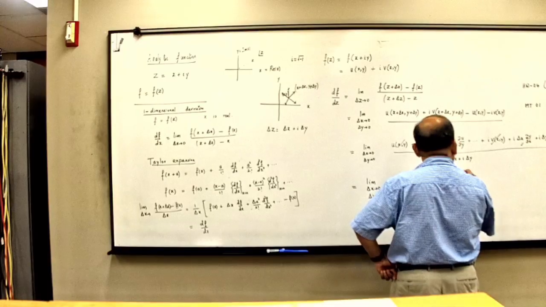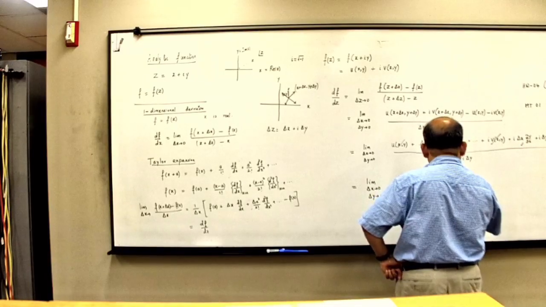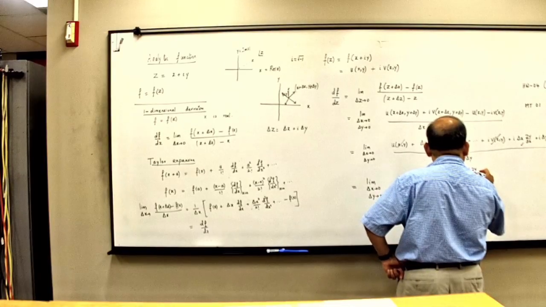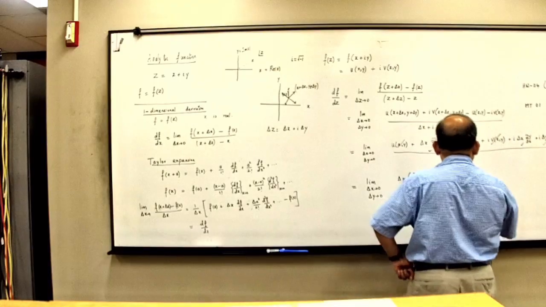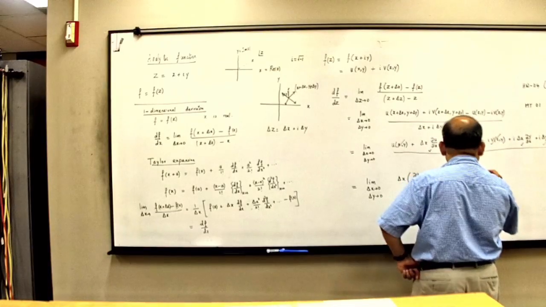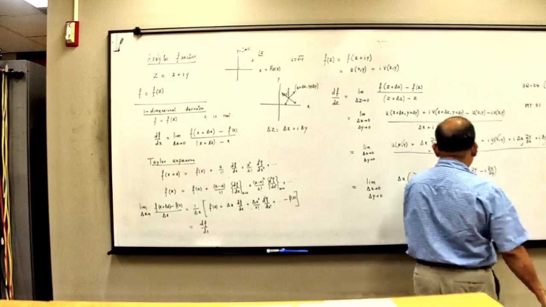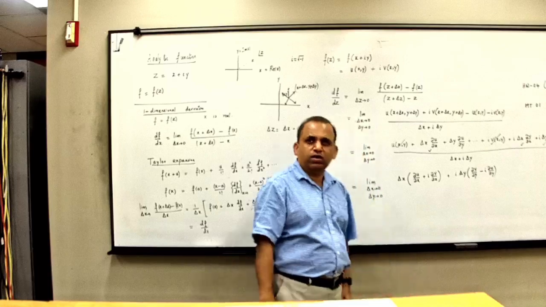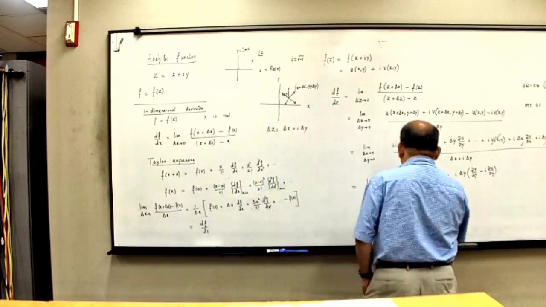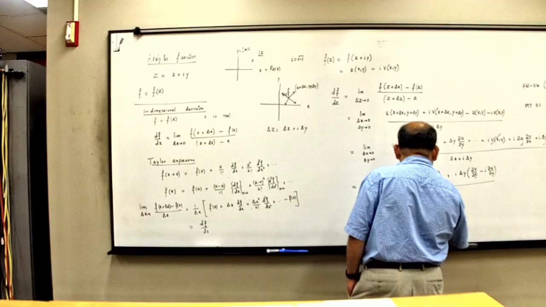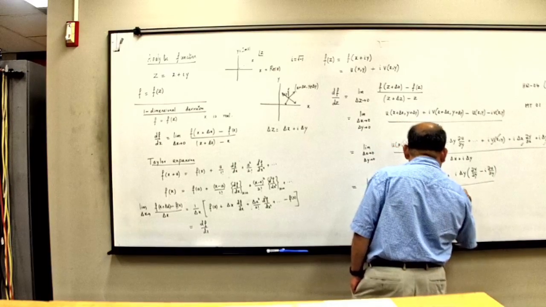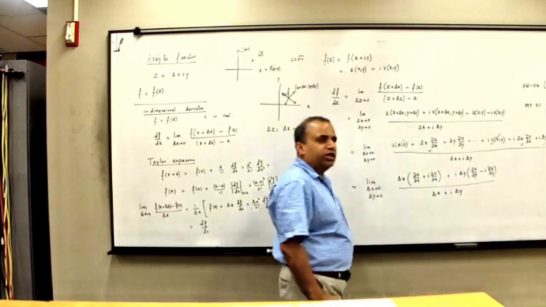I want to write that term first, so that is i delta y, dv by dx or dv by dy. That's this term here. Plus, so that's going to be minus i, right? Minus i times i is plus 1. And divided by delta x plus i delta y.